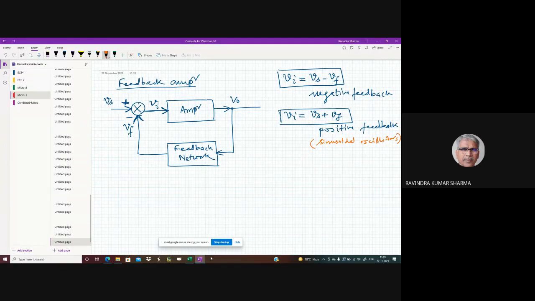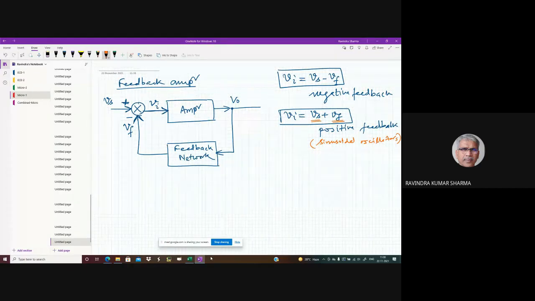Here the signal and the feedback signal are both in the same phase, therefore they get added and appear in the added form at the input of the amplifier. Negative feedback is only used in amplifiers.